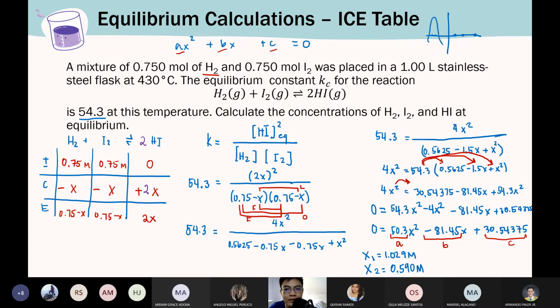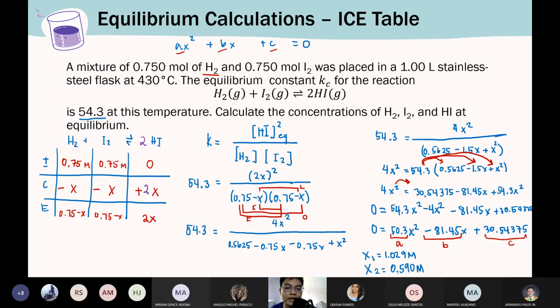X raised to 4 crosses four times: 1, 2, 3, 4. So that's the reason why the highest degree gives that many roots. Just algebra stuff. Okay?